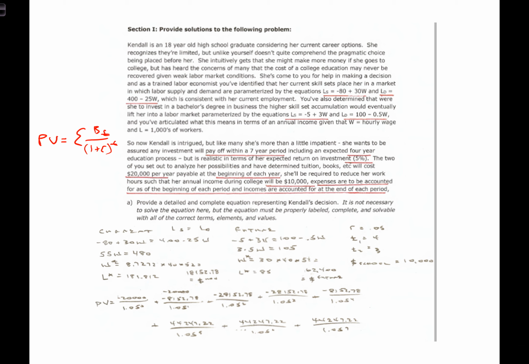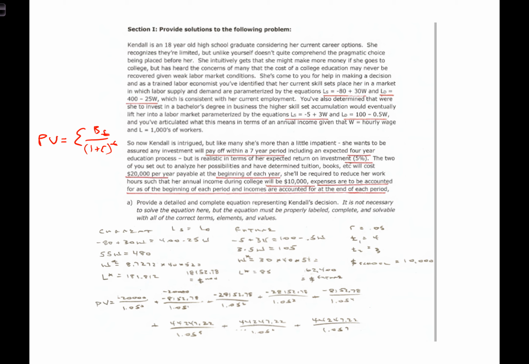Since we know that we're accounting for expenses at the beginning of each period, and we've said $20,000 per year payable at the beginning of each year, the start of the experience is now. We're not waiting for the year to be over. She's doing this up front now. So the denominator in this case for the first term is going to be 1.05 to the 0.